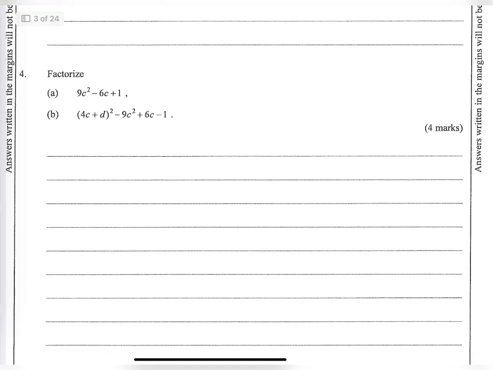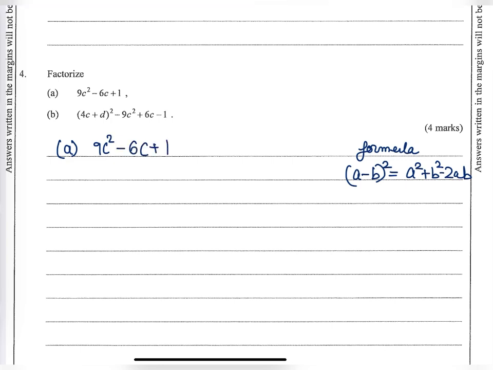So we know the formula: a minus b whole square is a square plus b square minus 2ab. For this question, we can convert 9c square minus 6c plus 1 into the same format. Instead of a, we have 3c, which we can write as a whole square, and 1 can be written as a whole square.